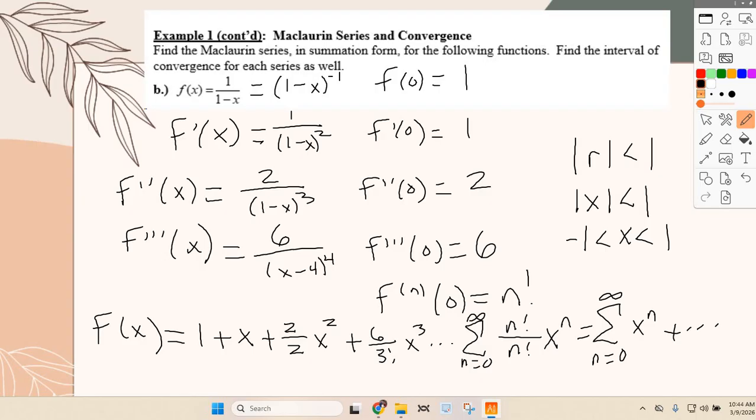And remember with our power series and geometric series, I can't plug in the 1s because it gives us zeros in bad places, so we're not going to have to worry about our endpoints. So this would be my interval. Questions on that?